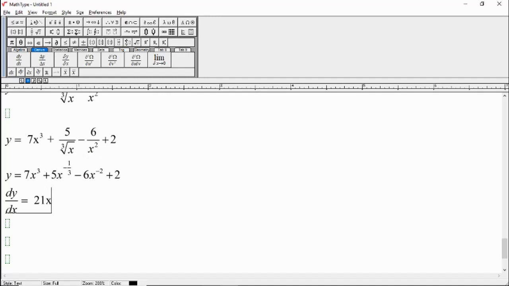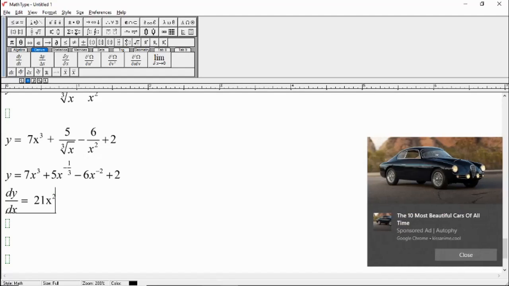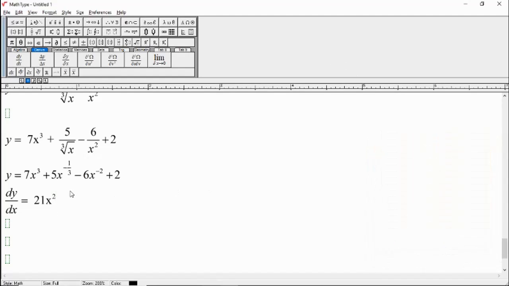So 3 minus 1 is 2. So it'll be 21x squared. Plus, no, not plus yet, hang on.